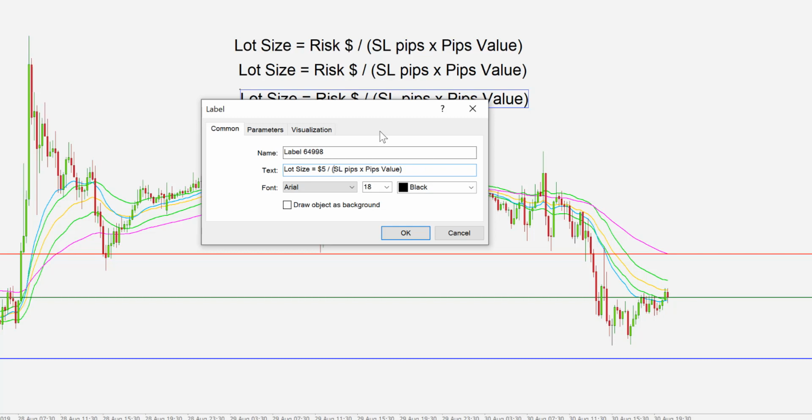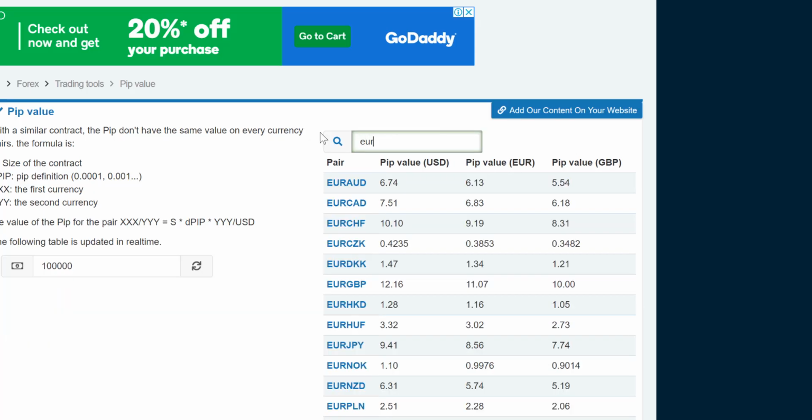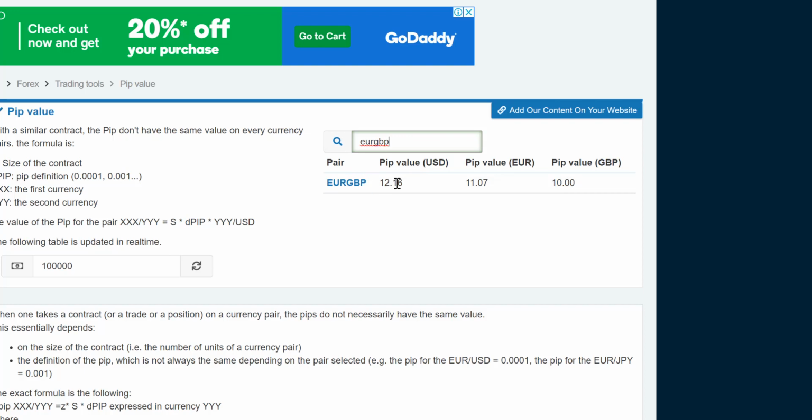$5, and the stop loss, if you remember, we said was 14.3, and the pip value for Euro GBP is 12.6.